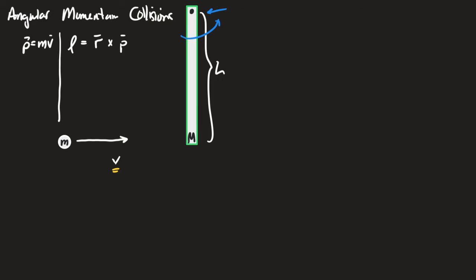That's the hardest part about these, trying to figure out when something is going to be conserved and when it's not. So I am trying to give you that piece of information you need right there, that we are looking at the instantaneous moment just before the collision and the instantaneous moment just after the collision.